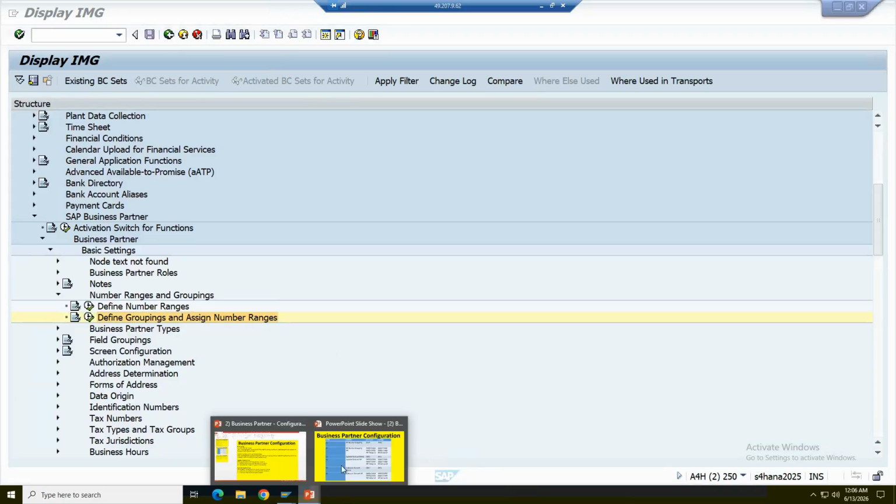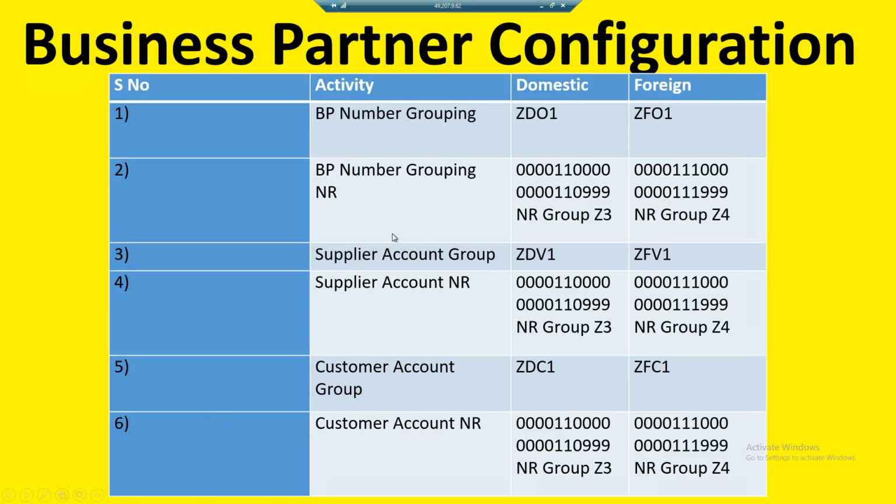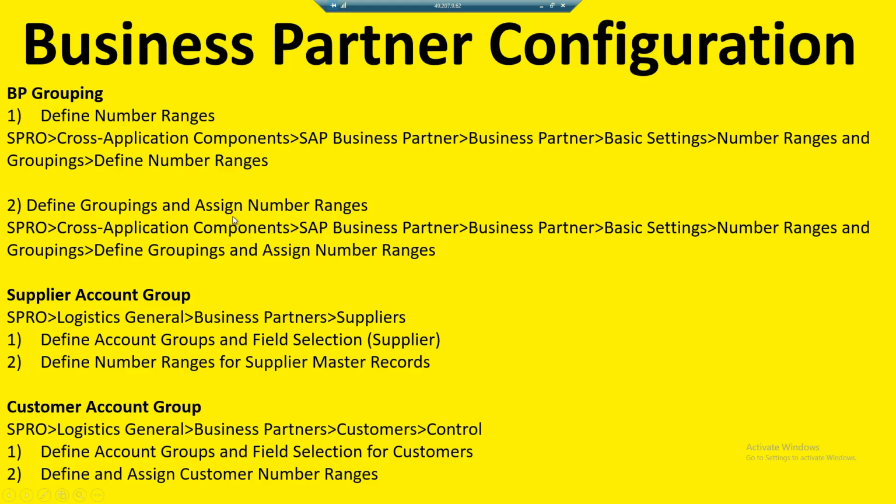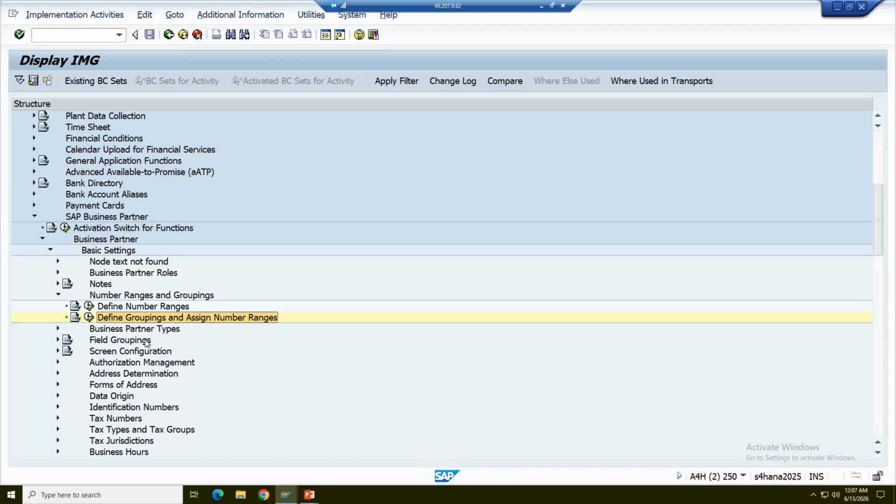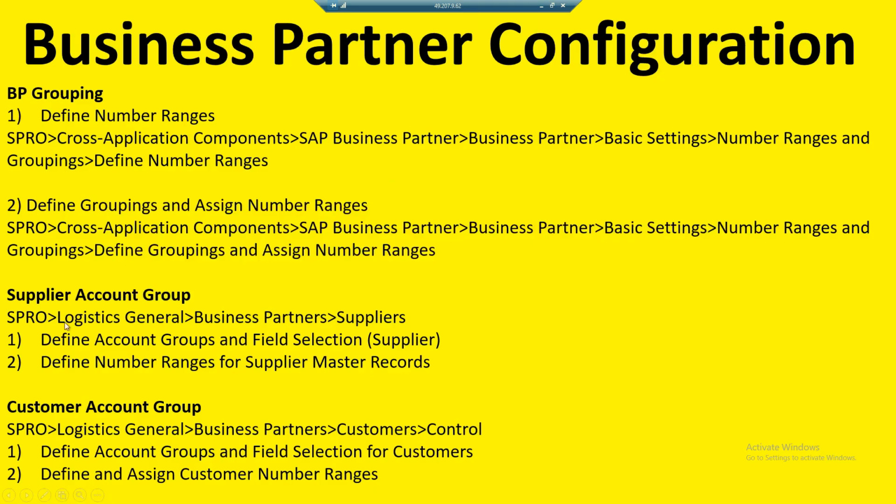What is next? So we have completed BP grouping. We have defined the number ranges and we have defined the BP groupings and assigned the number ranges already defined here. Then we'll go to supplier account group. Okay. Supplier account group. How to go there?